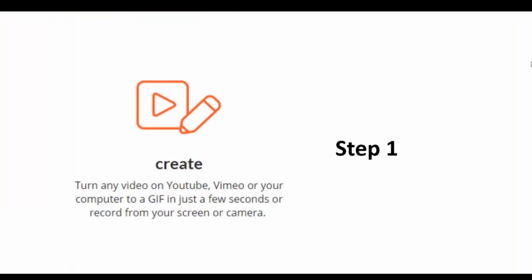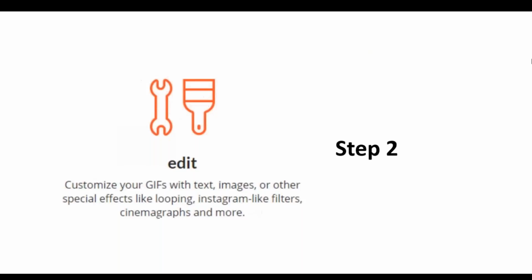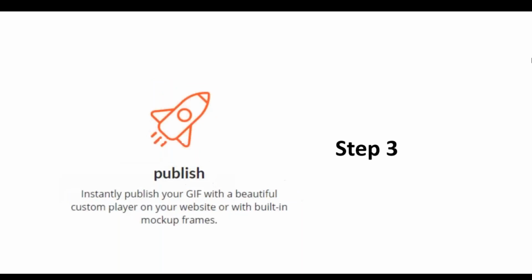You simply log in, right? Create, turn any video on YouTube, Vimeo, or computer into a GIF, and you can record from your screen or camera. You can just edit the videos or the GIFs with text, images, and other special effects like looping, Instagram-like filters, cinemagraphs, and more. And you can just publish these GIFs directly on your site, put it up on Giphy so that it will auto-load on Facebook and others.